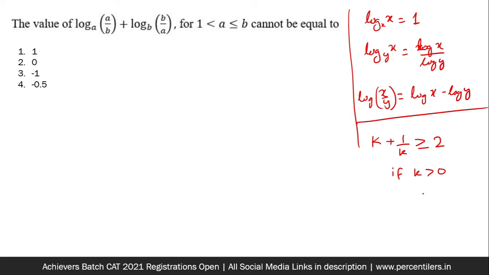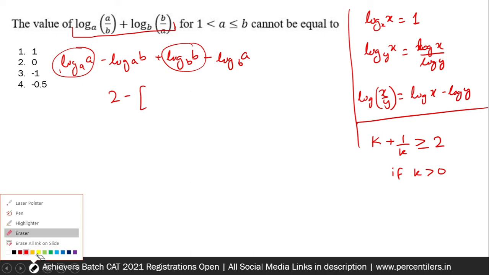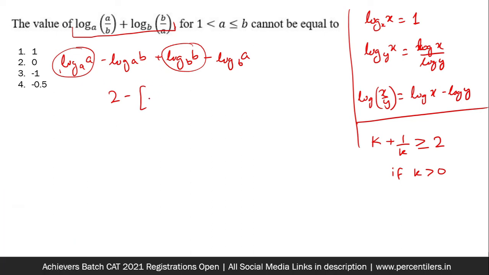So now I'm going to expand this expression as this. So this is 1, this is 1, so this entire expression becomes 2 minus, log 2 minus log b to the base a plus log a to the base b. So this bracket expression you can write better as log b to the base a plus 1 upon log b to the base a.